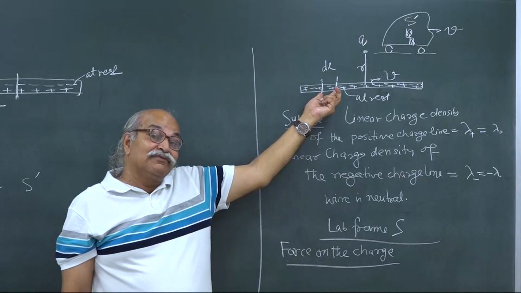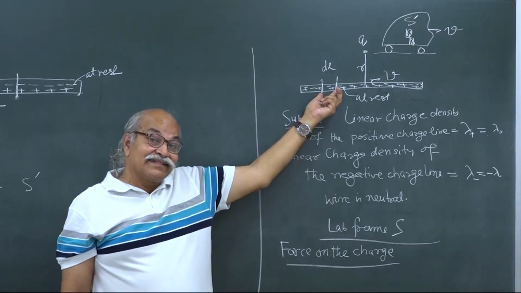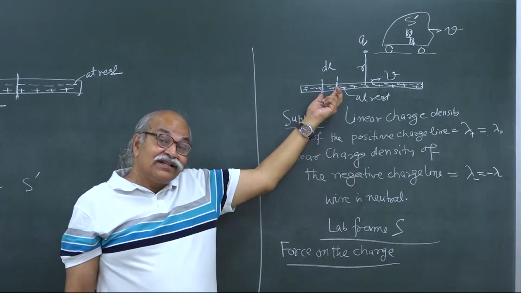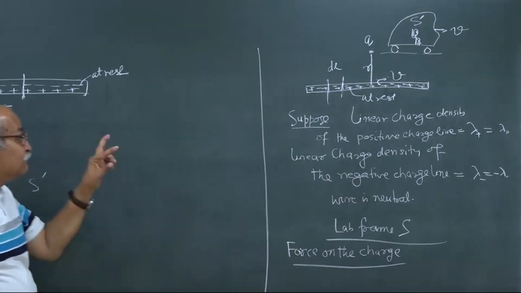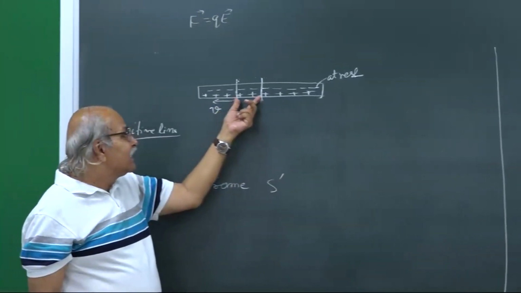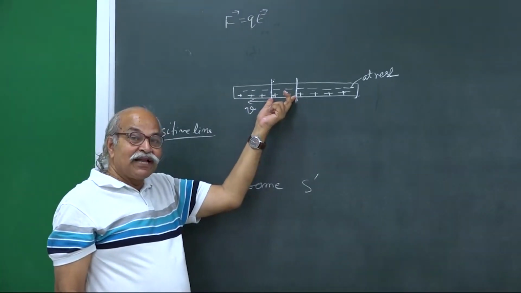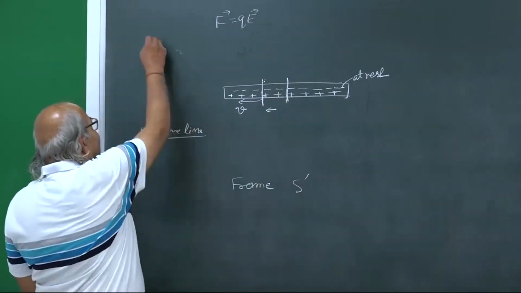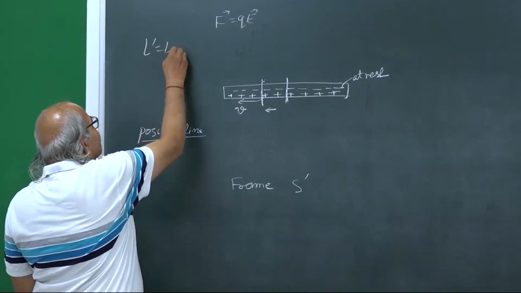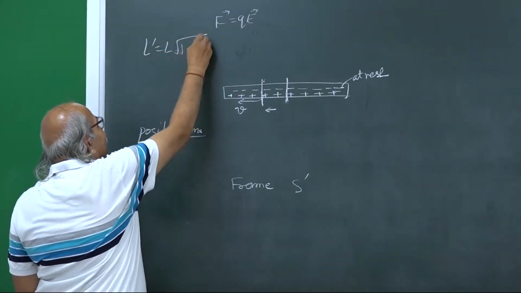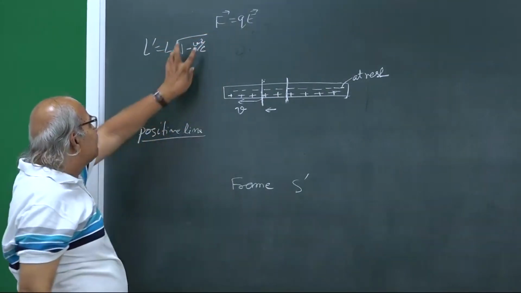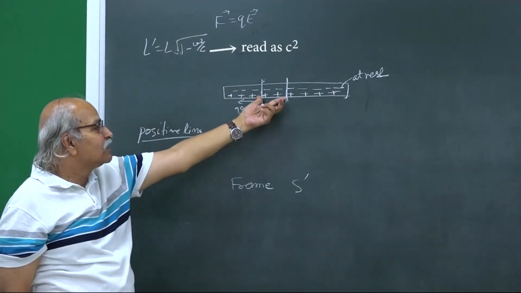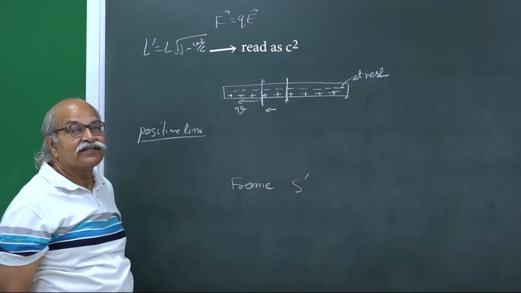It is measured from a frame in which this is at rest. Therefore this length is larger, and if I measure the same red points from S prime, it is shorter, because you have that relation L prime is equal to L square root of 1 minus v squared by c squared. So by this factor, this length is smaller and that length is larger.